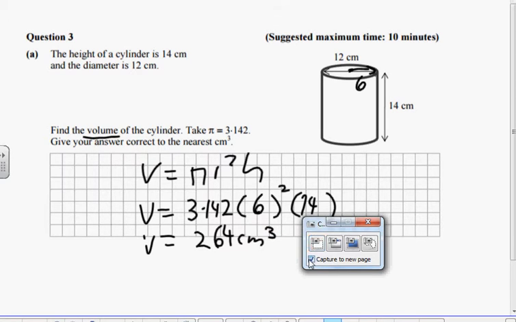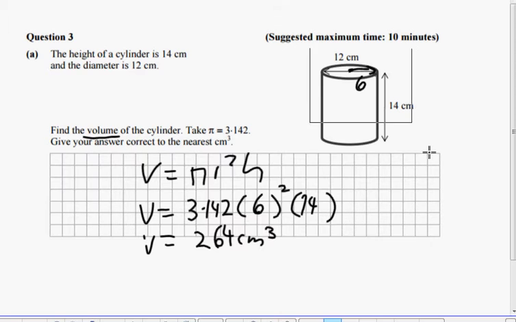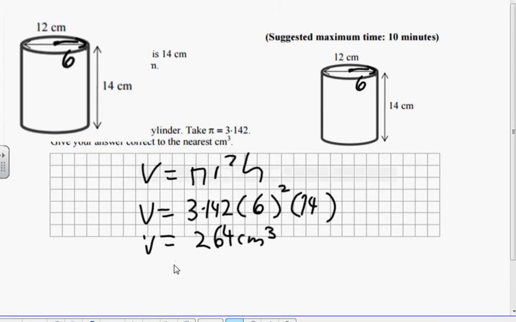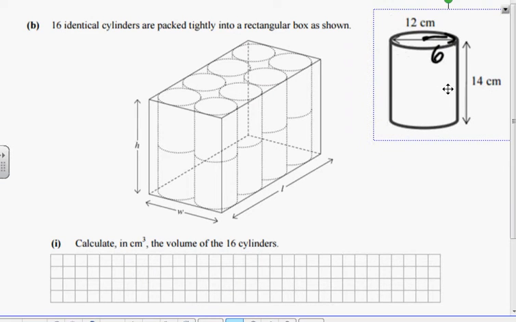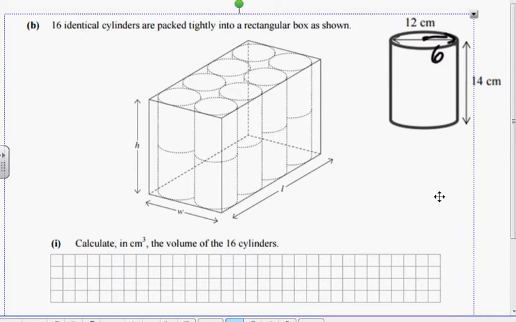Okay. Now, what we have next, we're on the next page, and you have these 16 identical cylinders packed into the rectangular box as shown.